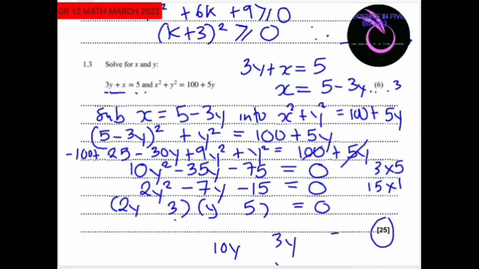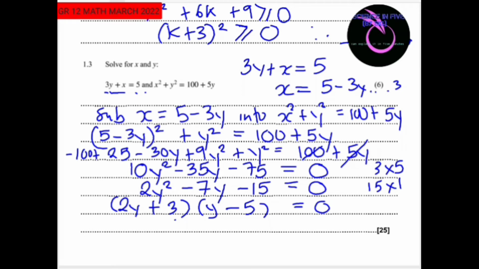But because I want a negative 7y, I'll have negative 10y plus 3y. So to get a negative 10y, I'll have to have negative 5, and a positive 3. I'm using more of a trial and error technique to get the factors. You also use a trial and error technique to get the factors.